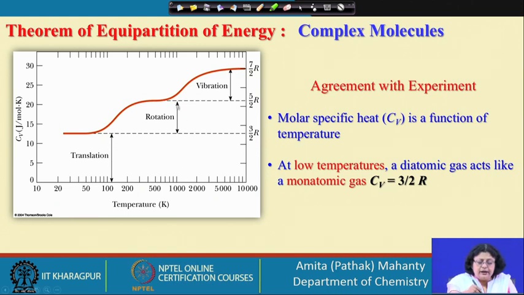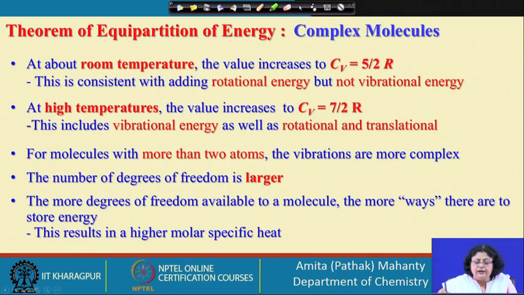When a molecule is at 1000 degrees centigrade, you will see the rotational contribution, and when it is more than 10,000 Kelvin, then you will see the contribution of the vibrational mode. So, to summarize, at room temperature, the value increases to CV equal to 5/2 R. This is consistent with adding rotational energy, but not vibrational.